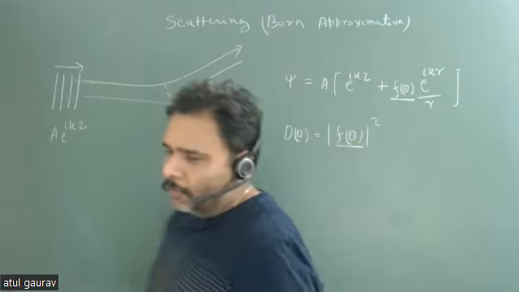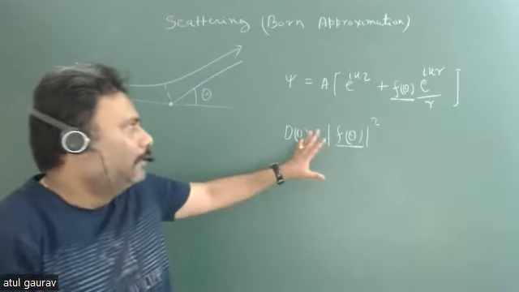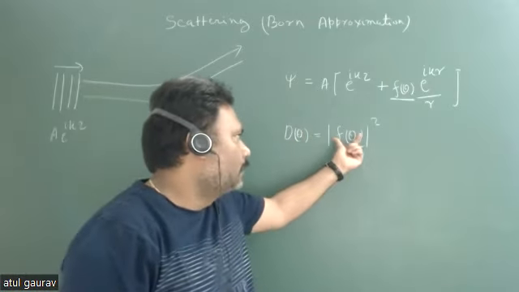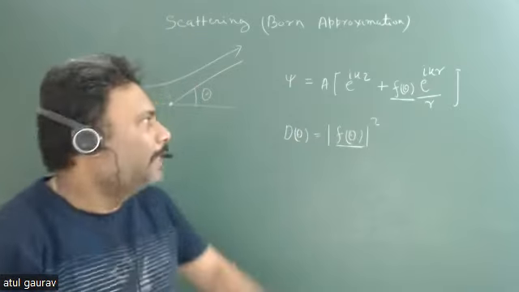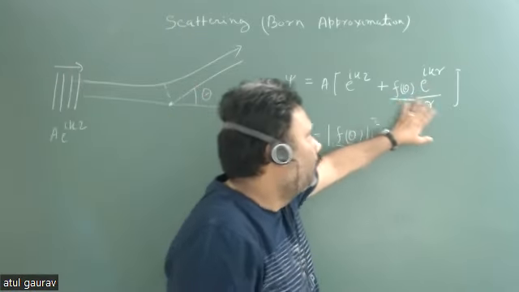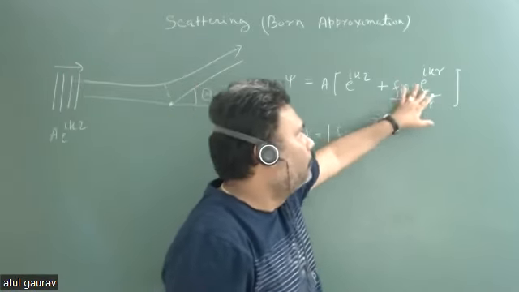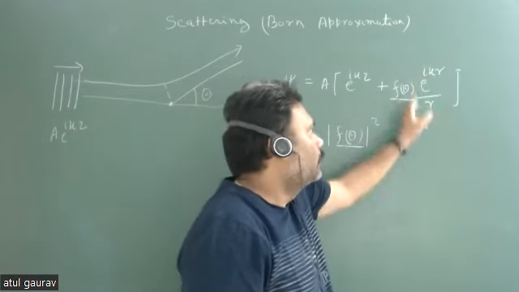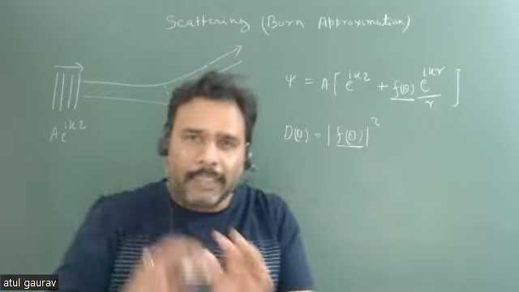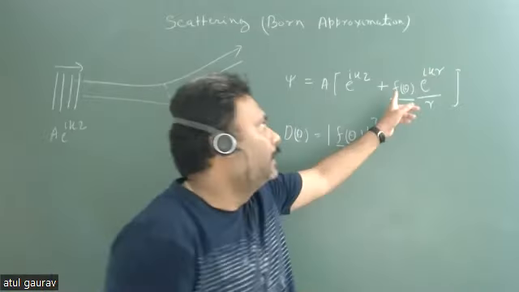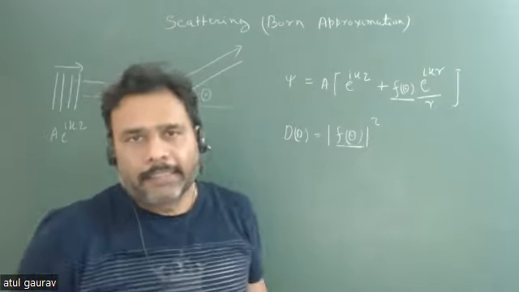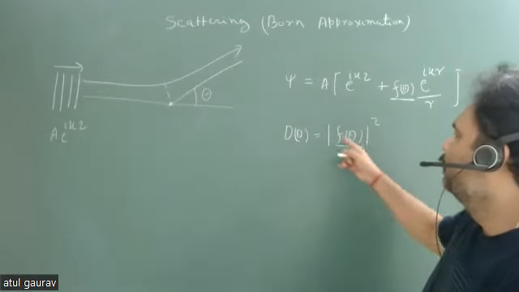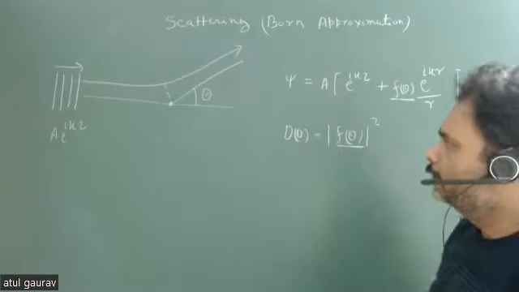I am not going into the detail of the derivation, but from it we can easily define that the differential scattering cross section is equivalent to mod f theta squared, where f theta by r is the amplitude of this e to the power ikr spherical wave, and theta is nothing but the scattering angle. So here this is my d theta, and we can easily calculate the differential scattering cross section.